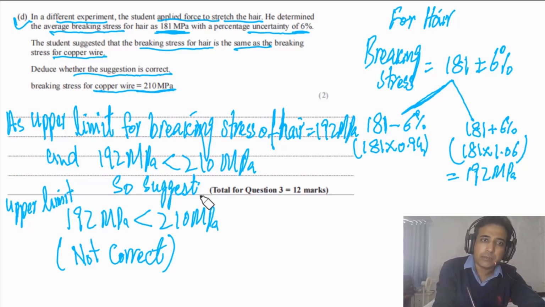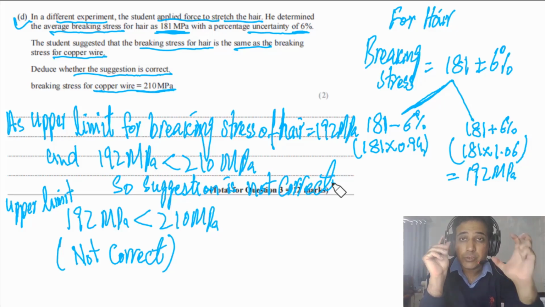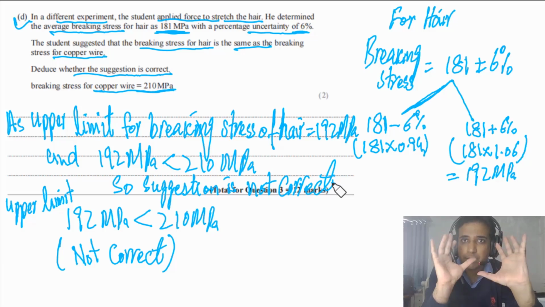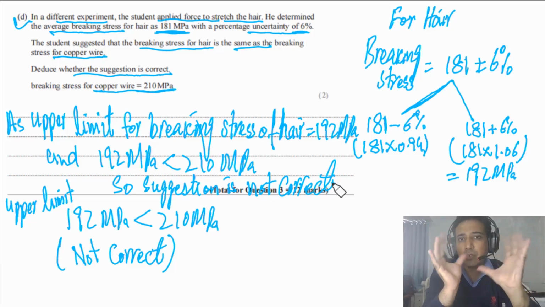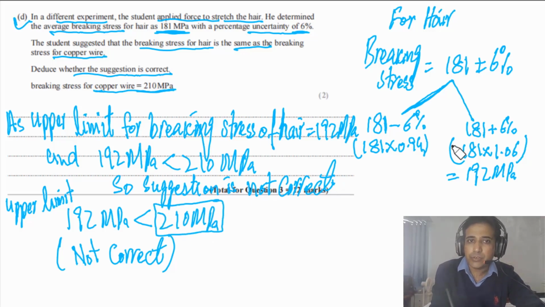This is a typical question, this concept is typical. You will see it in other papers as well. So you need to understand how to deduce whether the suggestion is correct or not. In this case it is not correct because this value is not in this range.